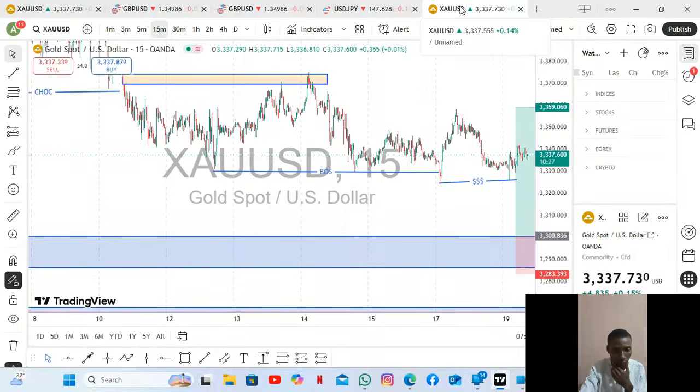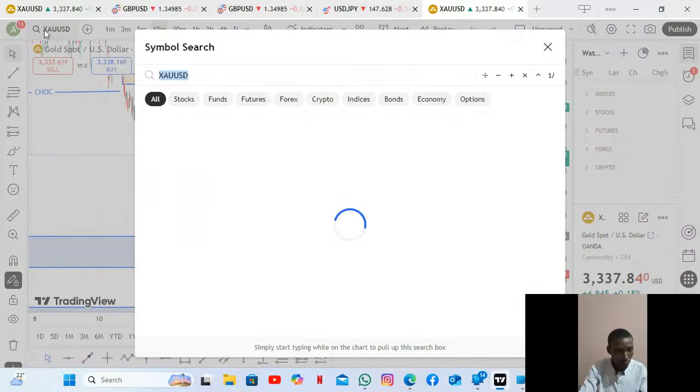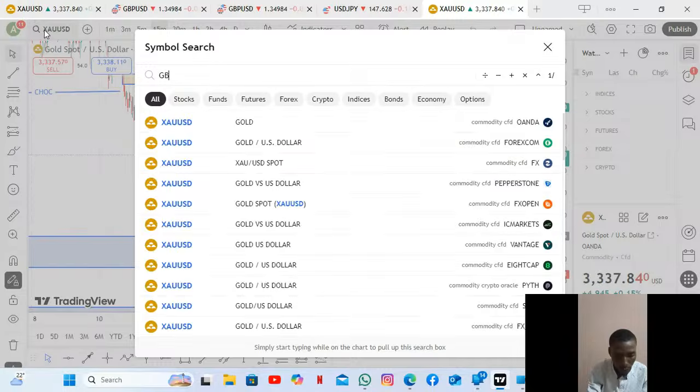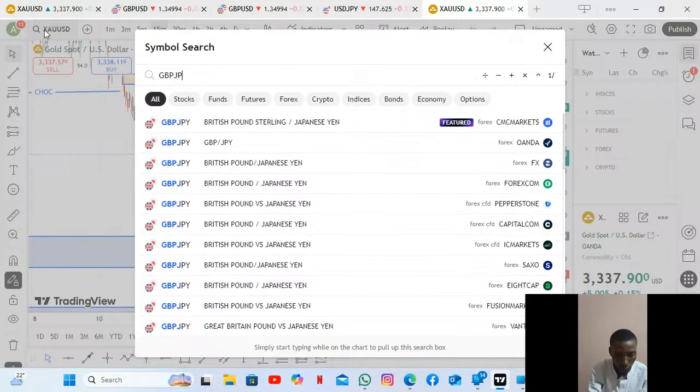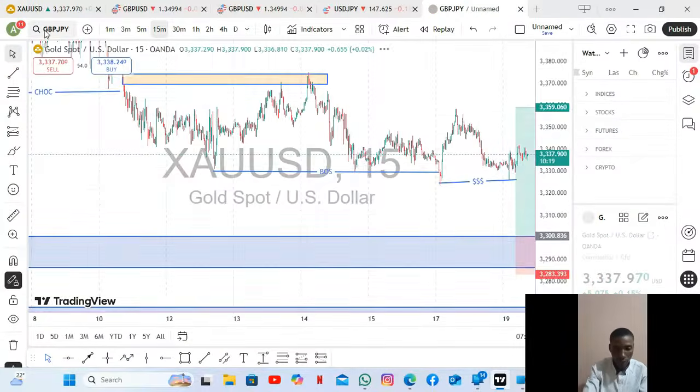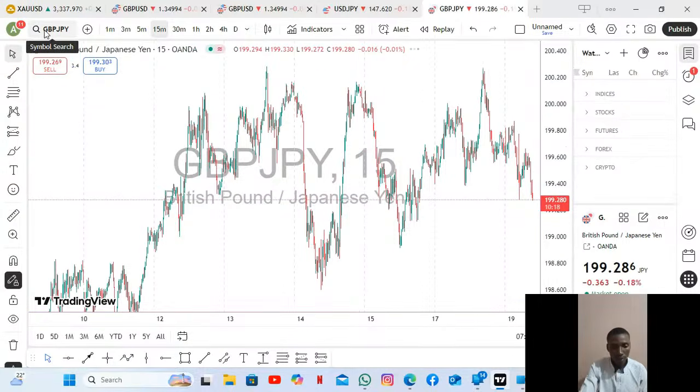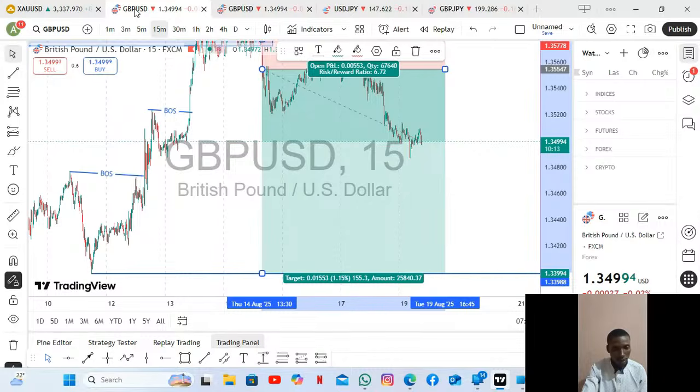Let's see what we have. Remember, for GBP USD, instant sell, press your sell, use the right lot size.